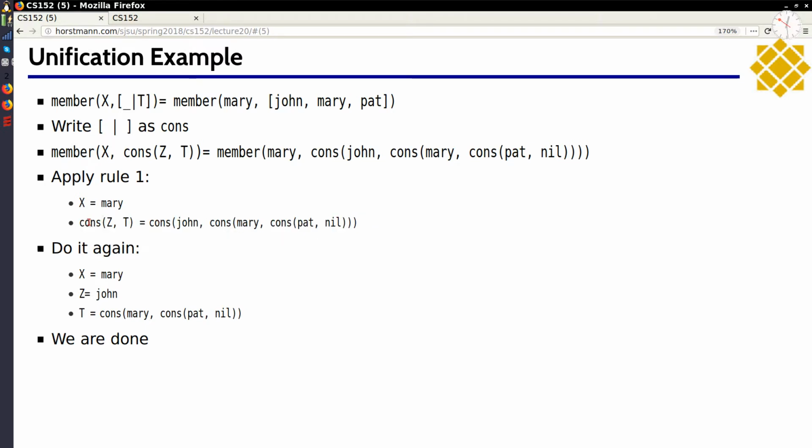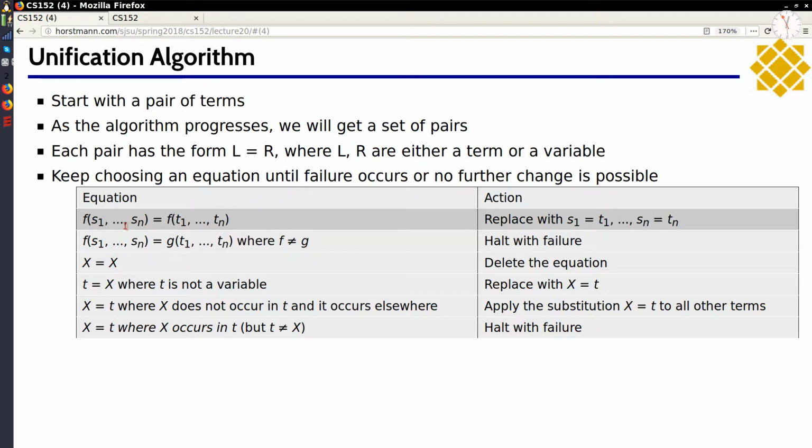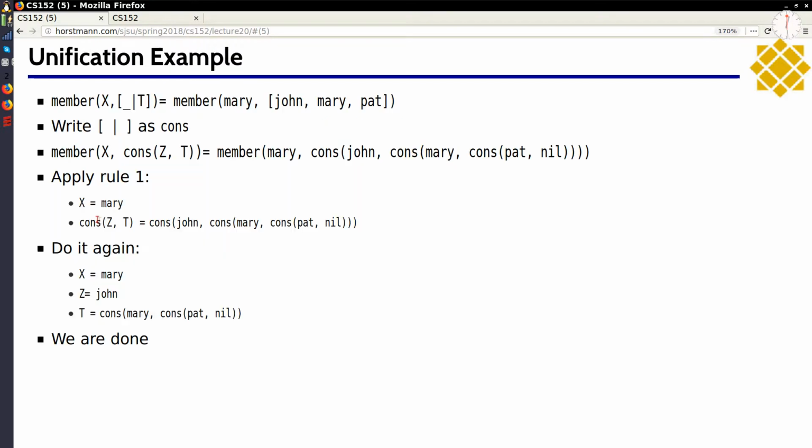Why? Because we have a term on the left and a term on the right. We have a rule for that which says as long as the term matches, which it does, it's a cons here and a cons there, make a new equation for each parameter. So the first equation is z equals John. That's the one here.